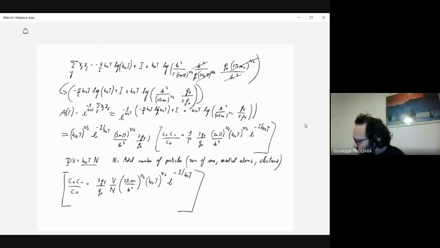But from this already you can see that once you have a mixture of atoms, ionized or neutral, and electrons, you can compute this quantity here, and you can compare it with this quantity here in order to see in which direction your system will proceed. Actually, what we will do today with this application is to derive an equation for the degree of ionization as a function of the temperature.